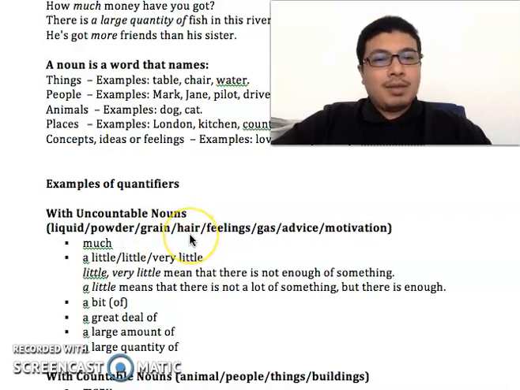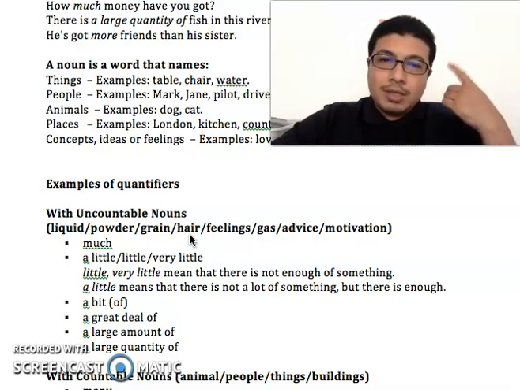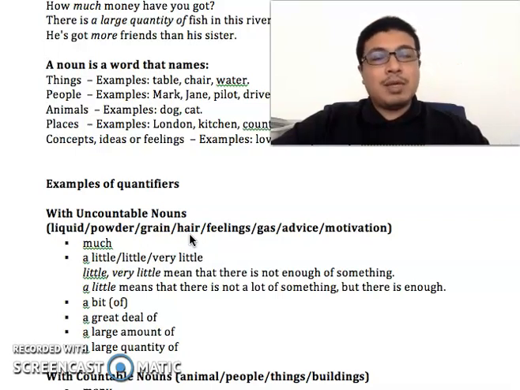Hair is uncountable, but it can be countable. Normally hair is uncountable because it is impossible for you to count, and normally you don't count how many hairs you have on your head. Feelings, love, sad, happy, those are uncountable.